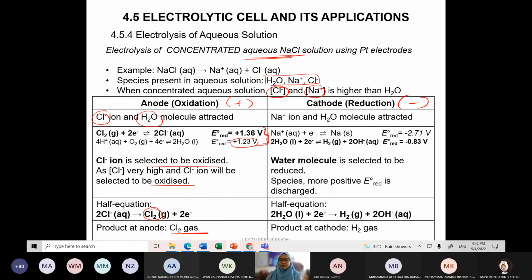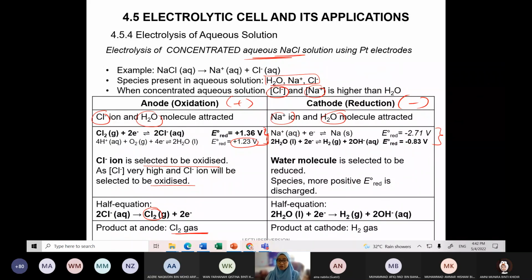Let's look at the cathode now. Same as usual, the species are attracted. As you can see, the two values are too far apart, a large difference between the two of them.